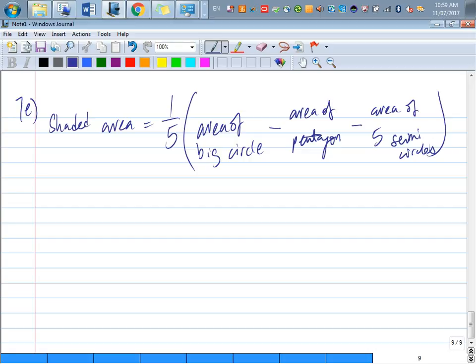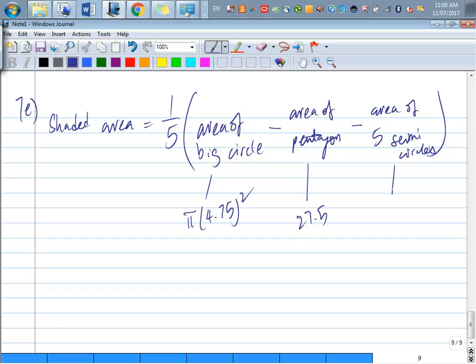So if we know that this is our process to solve it, we can break it down. Area of big circle, can you do it? Did they give you the radius? Okay, you all already found the radius. So this is pi times 4.75 square. Area of pentagon. Oh, that was given in part D, 27.5.